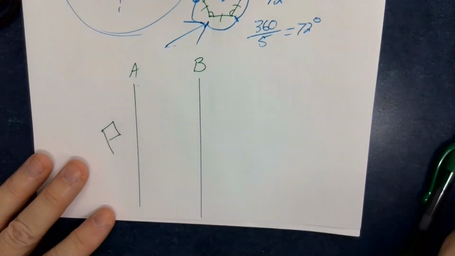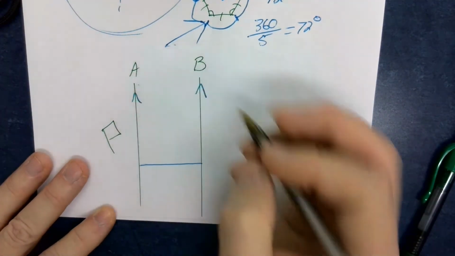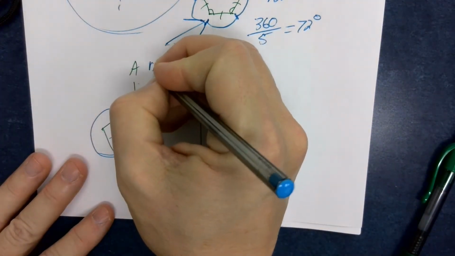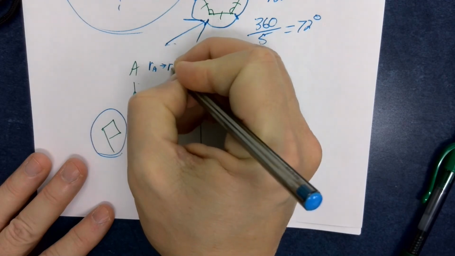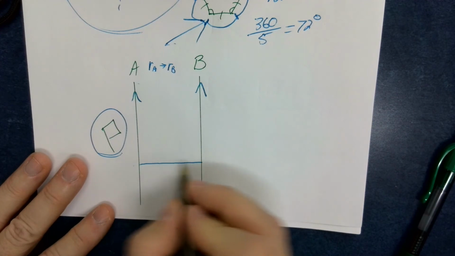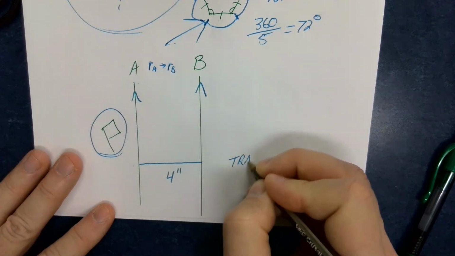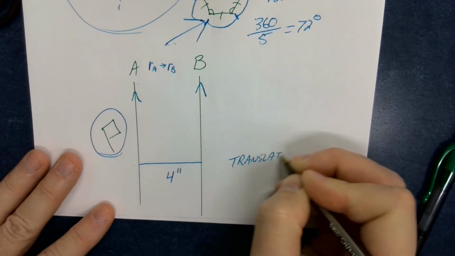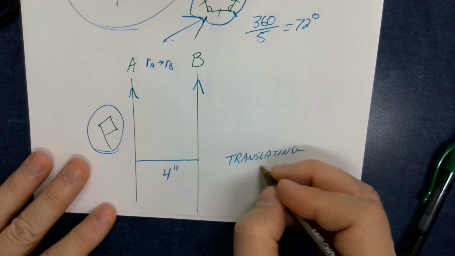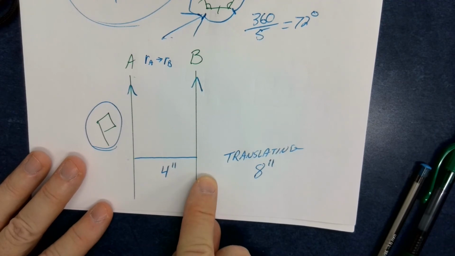And I also learned that as long as these lines are parallel, that end result translation, if I reflect over A, then reflect over B, is going to translate whatever this distance is. So if this is 4 inches, it's going to end up translating how far? 8 inches, right? It's always going to go twice as far as what it is between the parallel lines.